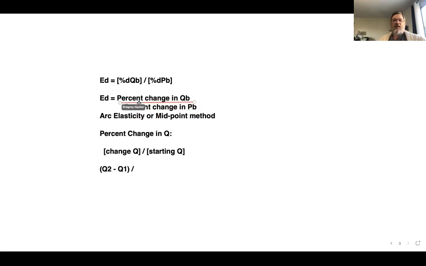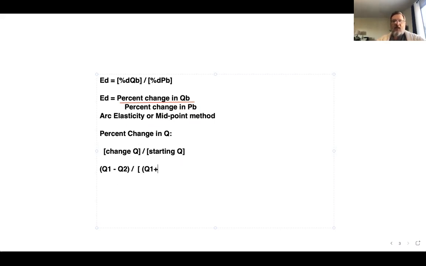The main one is that you get consistency whether you start out at Q2 and go to Q1, or start out at Q1 and go to Q2. And so the value they use for the denominator of the percentage is the average of Q1 and Q2, which is the midpoint.